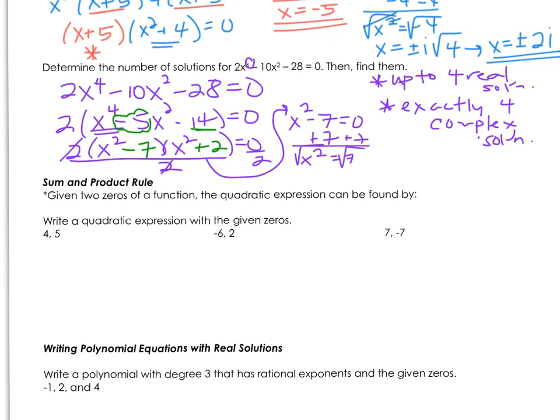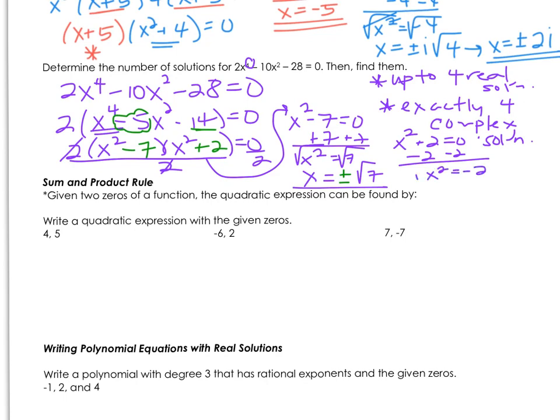Take the square root of each side and x will equal, remember that plus or minus to indicate two of the solutions, and then the square root of 7 is simplified. Now when we do this with x squared plus 2, moving that 2 over is going to make it negative.